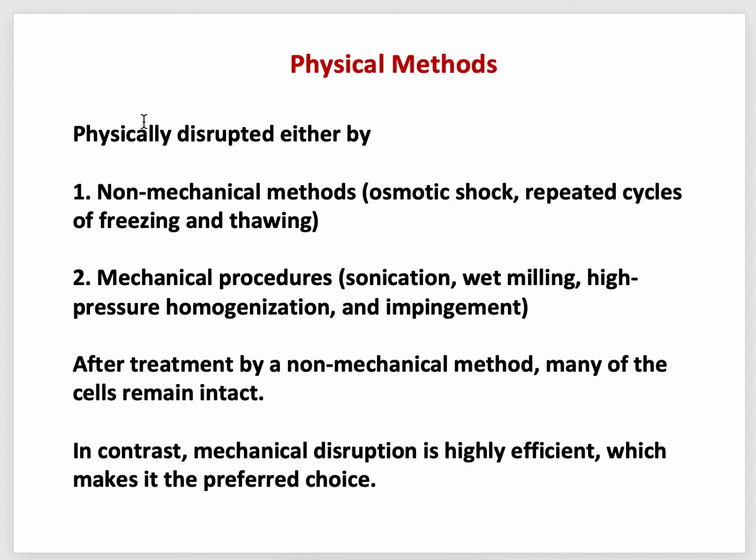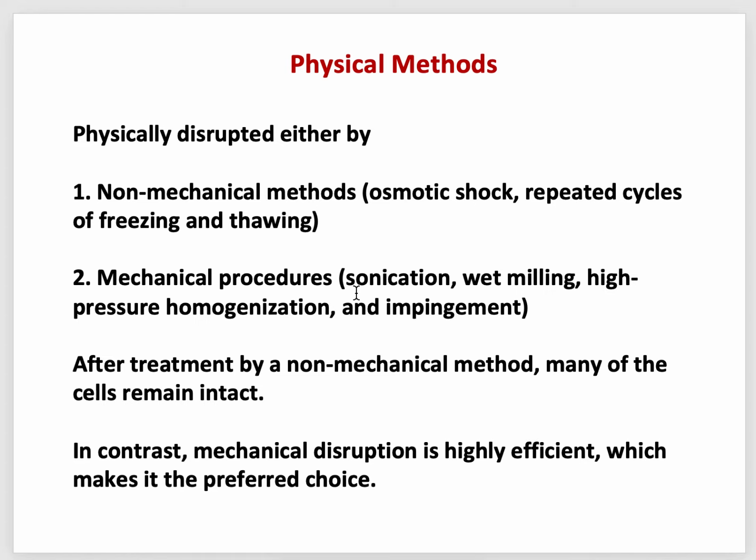Physically, cells can be disrupted by non-mechanical methods or mechanical procedures. Non-mechanical methods are like osmotic shock and repeated cycles of freezing and thawing, that means the freeze-thaw effect. And mechanical procedures are sonication, wet milling, high pressure homogenization, and impingement.